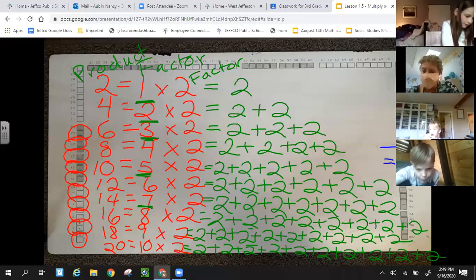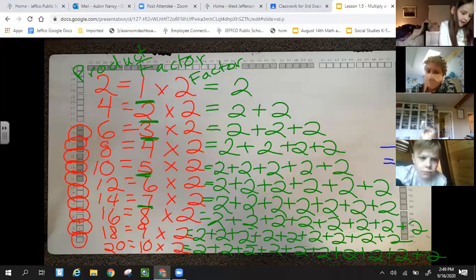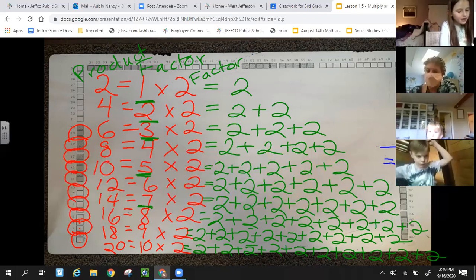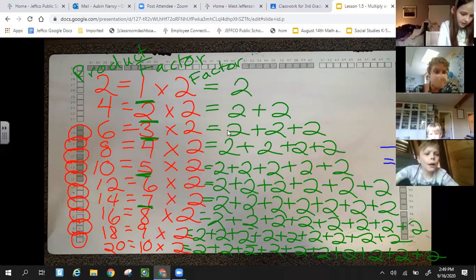Okay. Keep your board near you, but get out your math spiral and a pencil, and I will explain why. I brought the sheet over here. No, it's gone, of course. I want you to tell me what patterns you see.